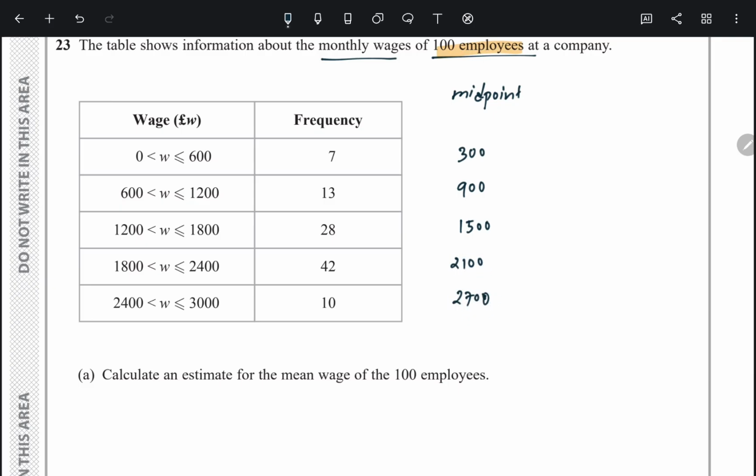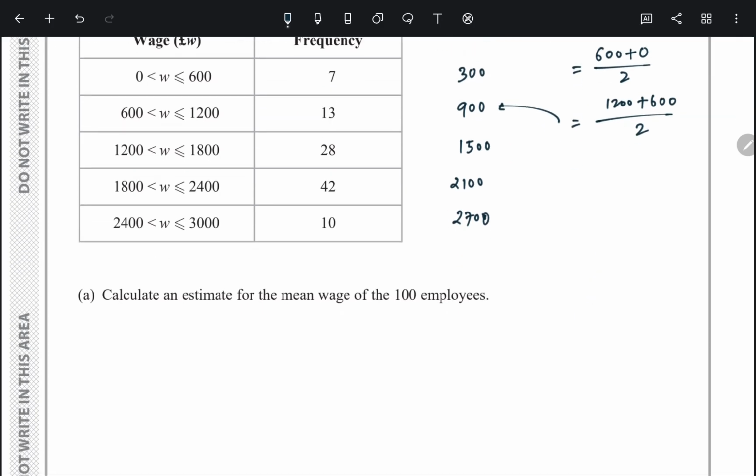How do you find the class midpoint? You find the average of the upper and the lower limits. So 600 plus 0 divided by 2, that's 300. And 1200 plus 600 divided by 2, that's going to be 900. And we did the same thing for all of them. All right. Now to find the mean wage, we have to multiply the frequency with the class midpoint for each of the rows and add all of them.